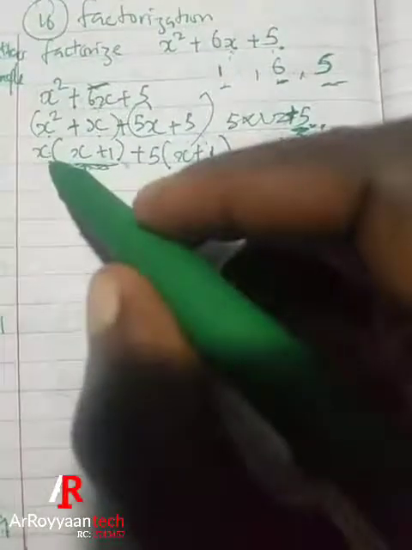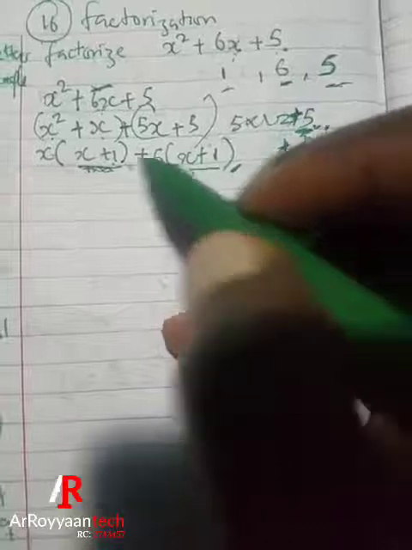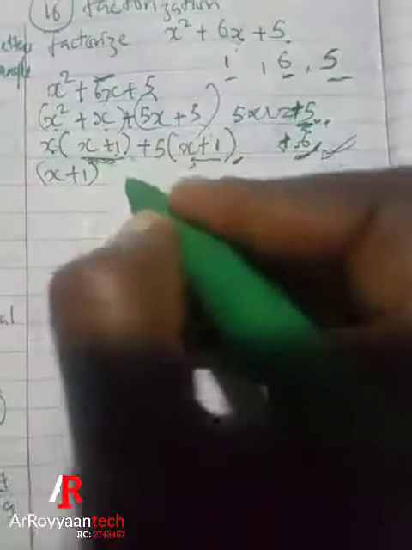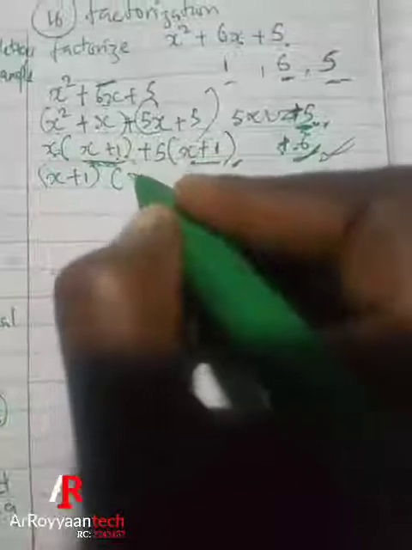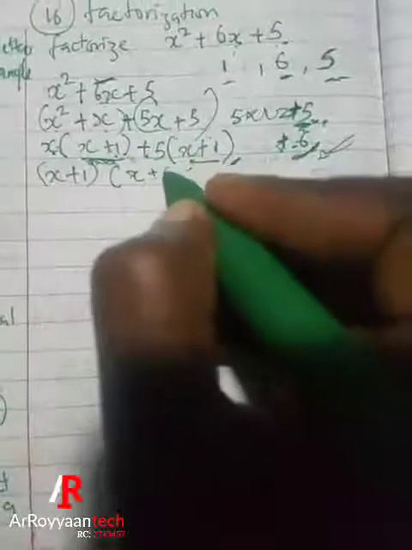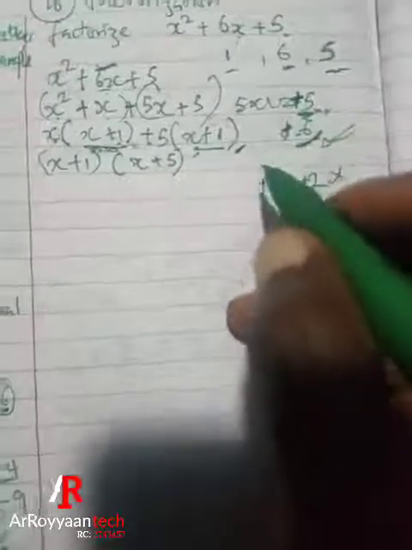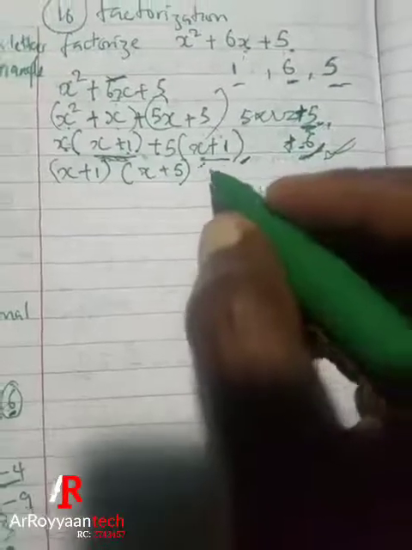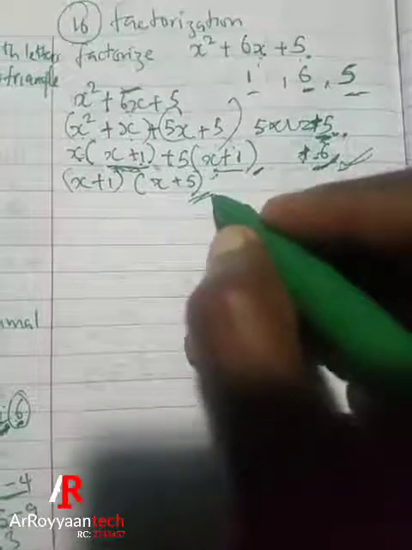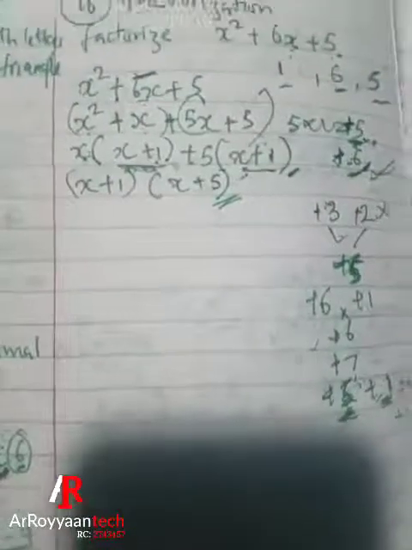Since we have two of these brackets, we bring just one out, that will be x plus 1. Then take this one out, x plus 5. That's our answer.